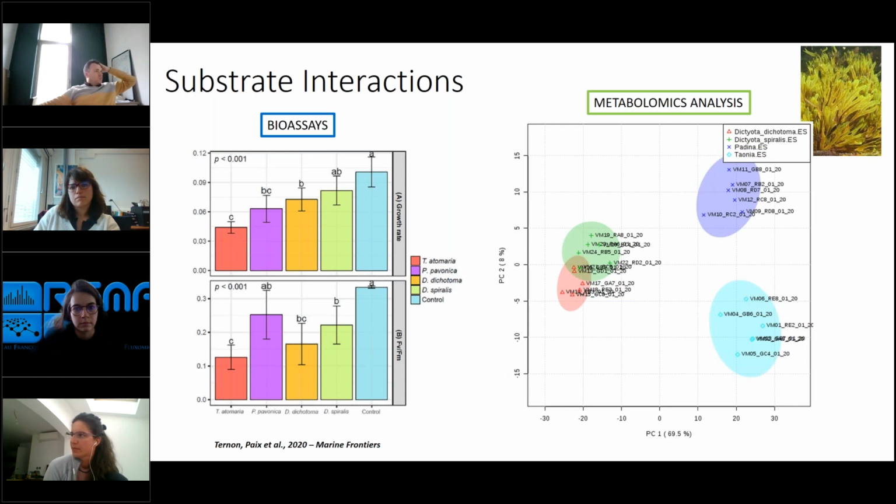Then if you look at the comparative metabolomics analysis, you saw a clear discrepancy between the two Dictyota species here that are related, and the two other species, Padina and Taonia. So it was interesting to see that they have different chemical diversity.